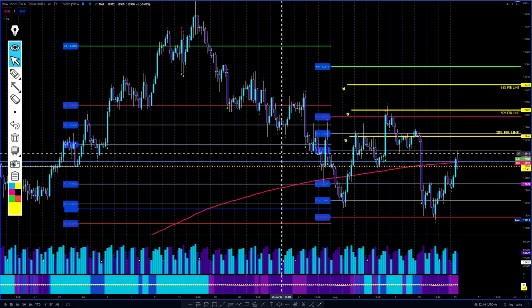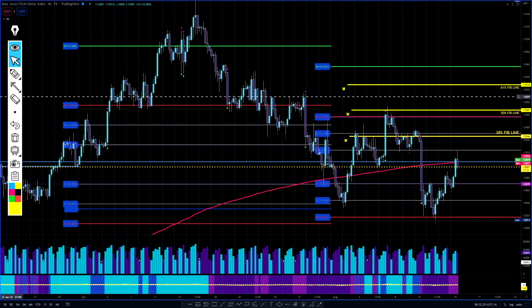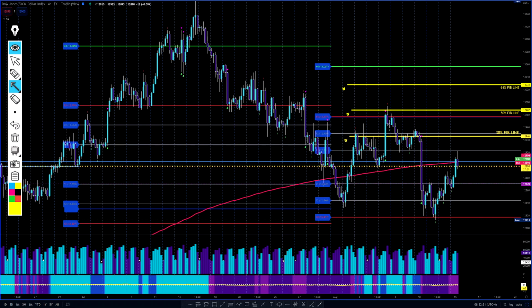So when people borrow the US dollar, they're going to have to pay back higher interest rates, right? So you would want to stack your wealth in a higher interest rate currency. So that's why the US dollar is supposed to, by theory, be catching some support with buyers coming in, right?